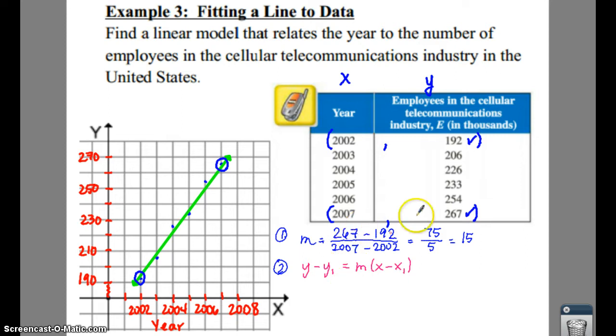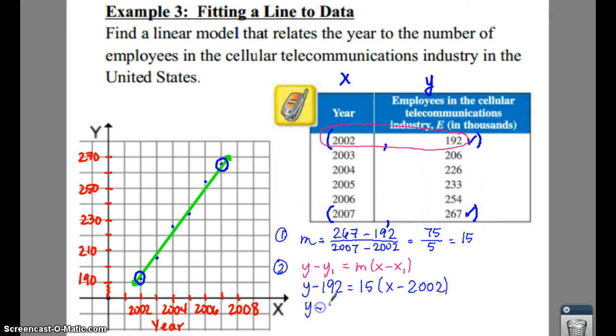I'm going to choose the first ordered pair as my x sub 1 and y sub 1. So y minus 192 equals 15, my slope, times x minus 2002. Then we're going to simplify this.